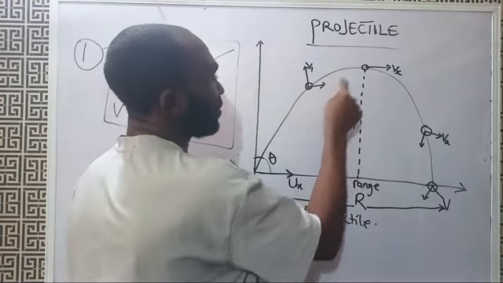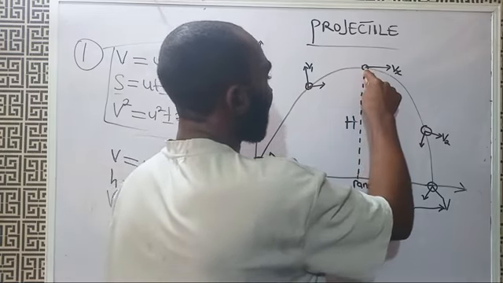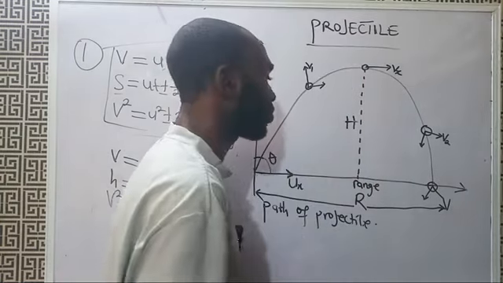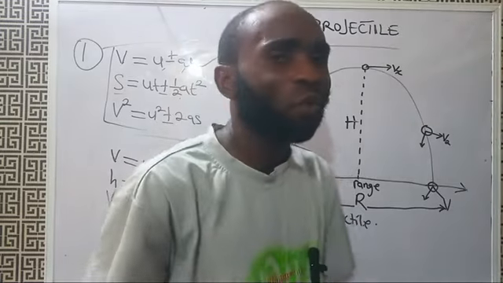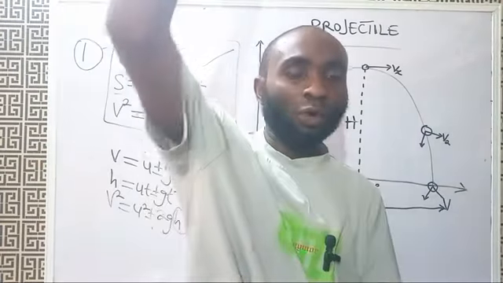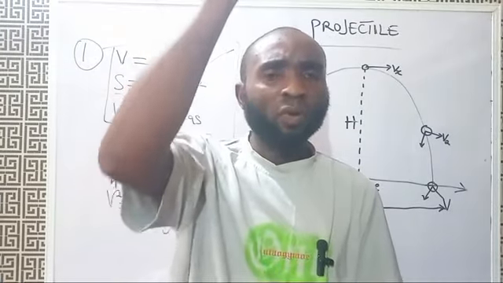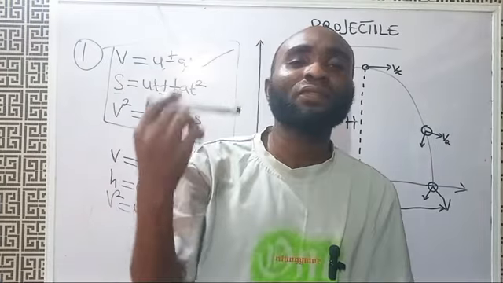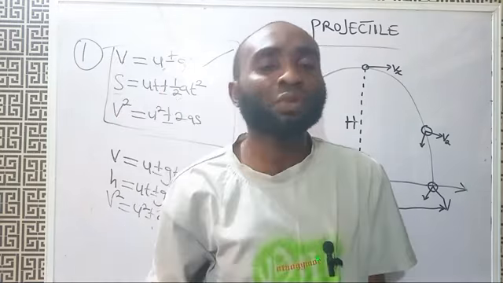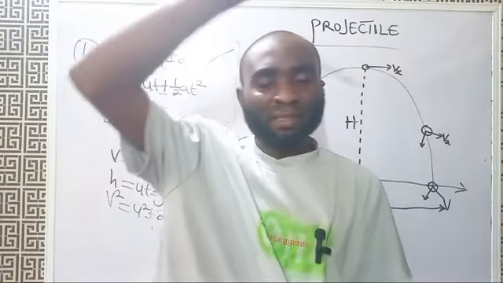At each point, you will see here, you have this until you reach the maximum height. At the maximum height, the velocity is equal to 0. Because if you throw this marker upward, it will continue to go up with the initial velocity with which you launched it, and the velocity will continue to reduce until it attains a maximum height.